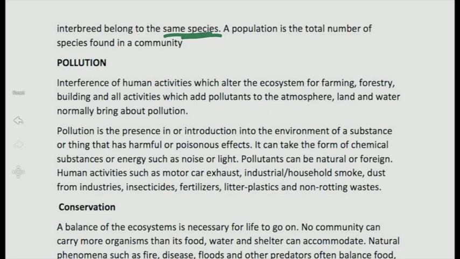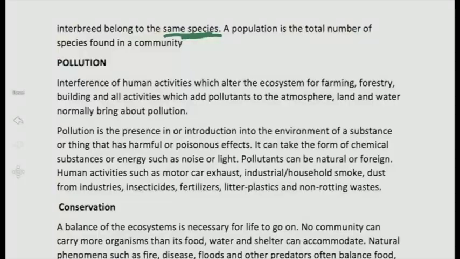Maize cannot interbreed with cabbages, but there are different forms of the maize. As you can see, we sell or we buy many types of the maize. And then a population. What is a population? It is the total number of species that are found in a community.